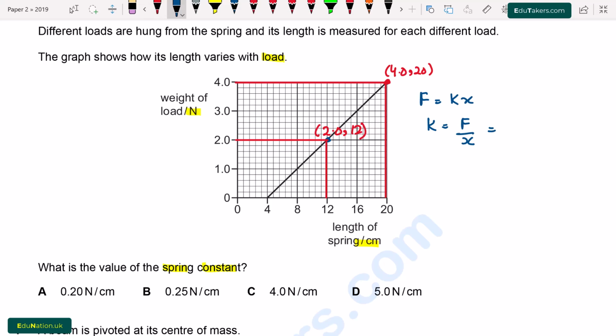K is 4.0 minus 2.0 divided by 20 minus 12. K is equal to 2.0 divided by 8.0. So the value of K will be equal to 0.25 and the unit should be Newton per centimeter. So from here option B is correct.